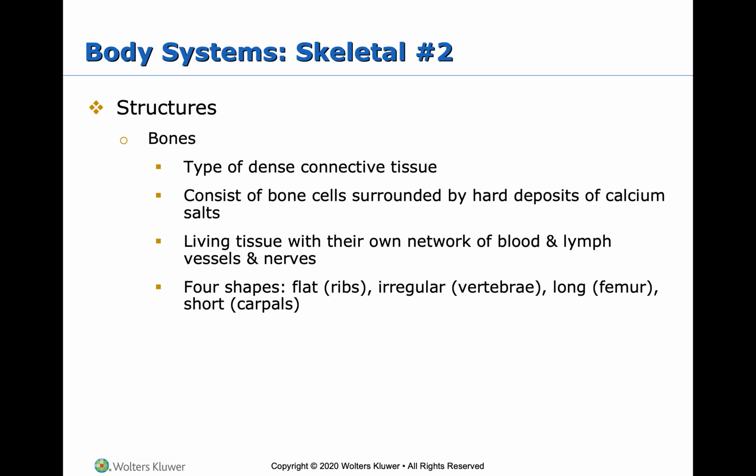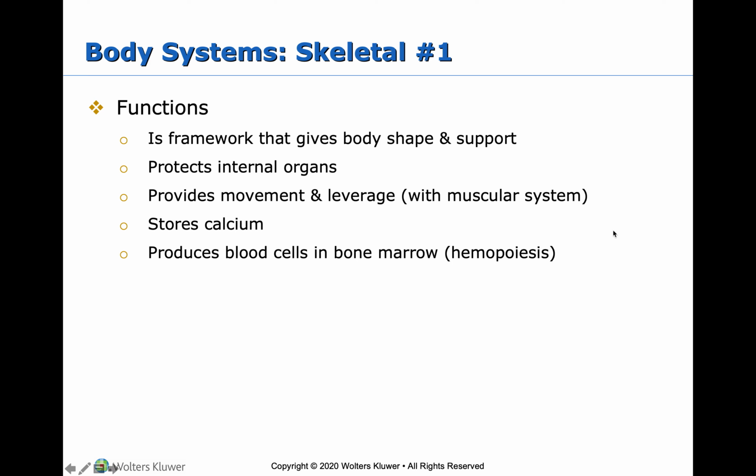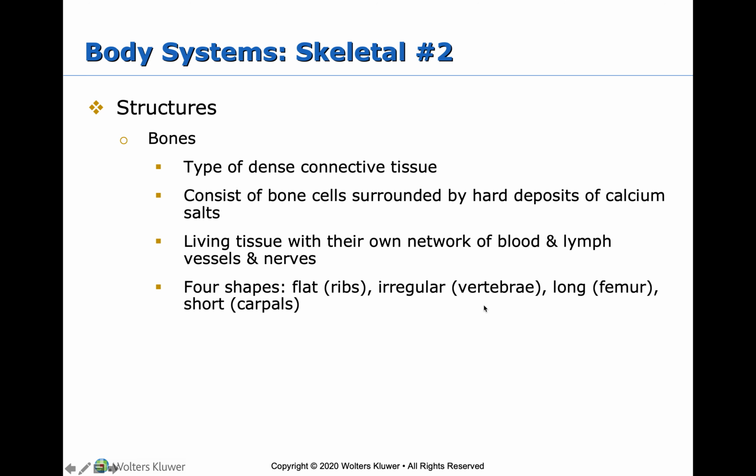So different structures are your bones, which are a type of connective tissue. It consists of bone cells surrounded by hard deposits of calcium salts. I'm not going to go into depth, like on your exam, I'm not going to ask you the composition of a bone, but I definitely will probably ask you a question about hemopoiesis.